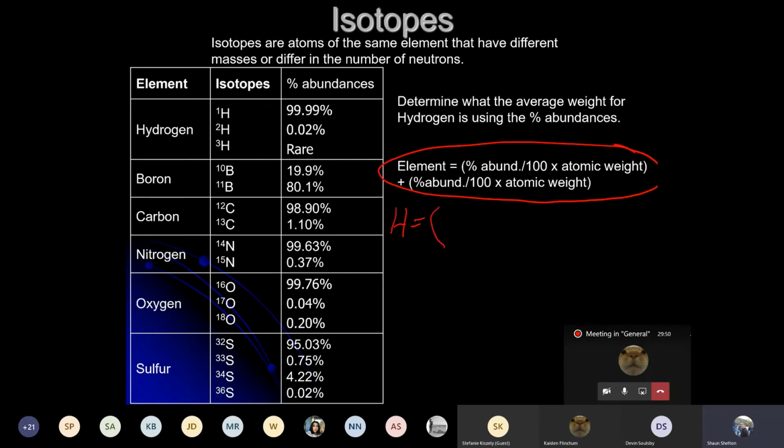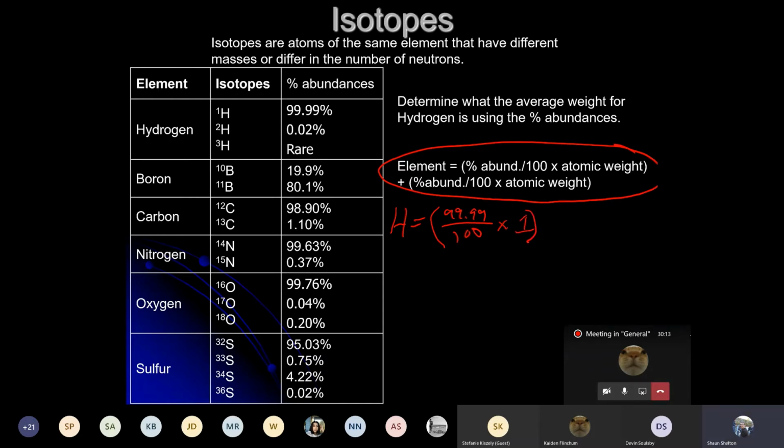So we're looking at hydrogen 1 first. We look at the first hydrogen, which has 99.99% divided by 100, because you want to get rid of the percentage, so you always divide by 100. And then we're going to multiply it by its mass number.